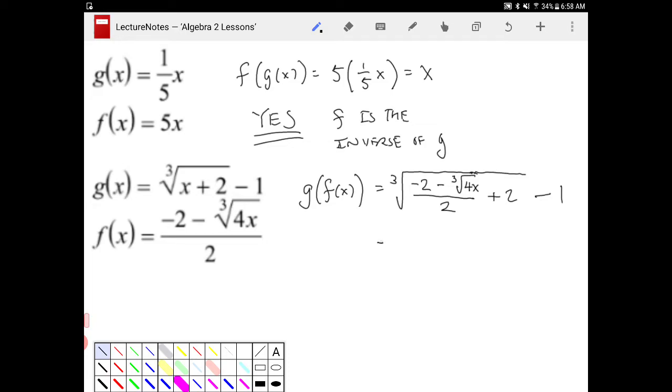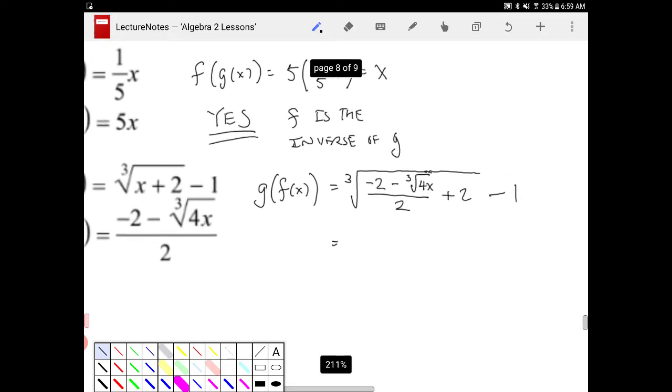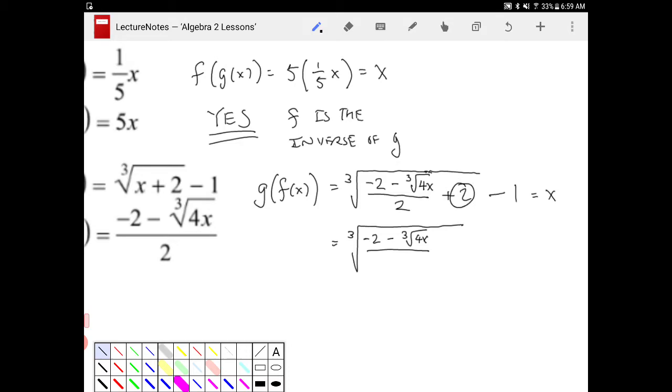So in order for me to go through simplifying this, remember, this all has to reduce down to x. It doesn't have to; we're testing to see whether it actually does or not. In order for me to continue with this, I'm going to create a common denominator. You can already sort of tell that this is not going to work, because what should happen is the cube root should cancel, and here clearly we see that they are not going to, but this 2 here will become a 4.